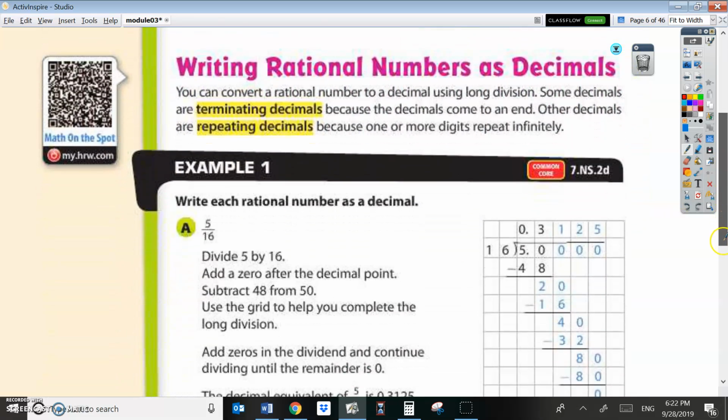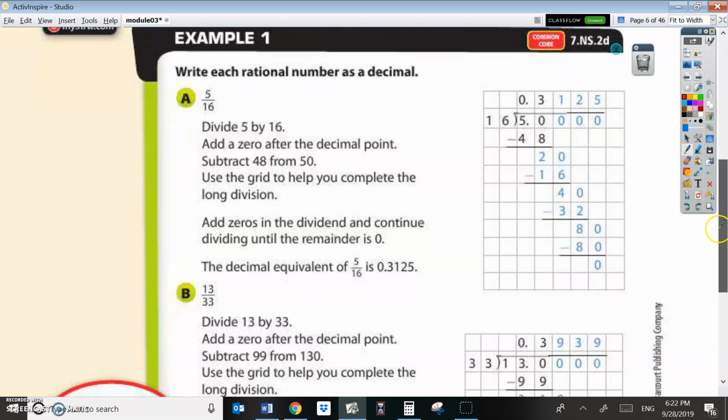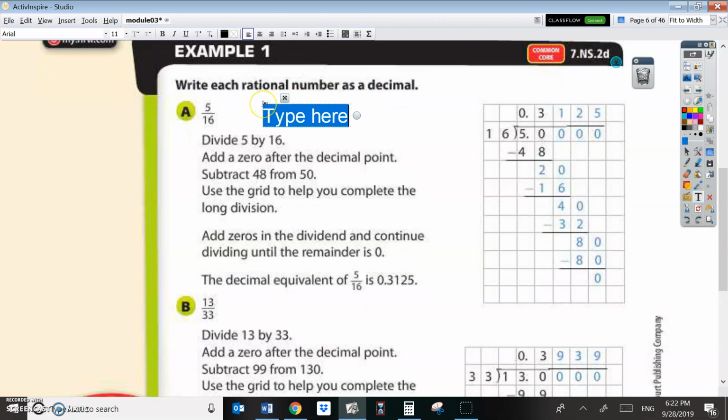So writing rational numbers as decimals, you can convert a rational number to a decimal by long division. Some decimals are terminating and some are repeating. So look at this example. When you're converting a fraction to a decimal, you need to divide the top by the bottom.